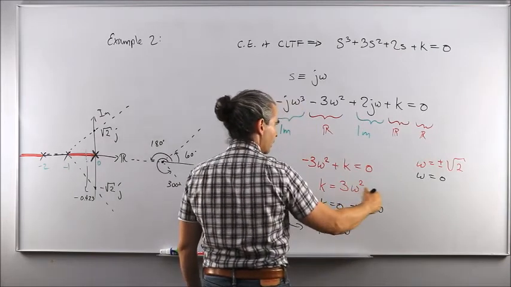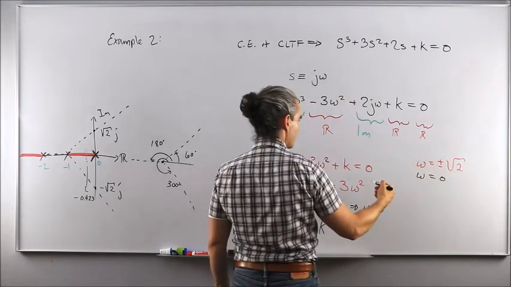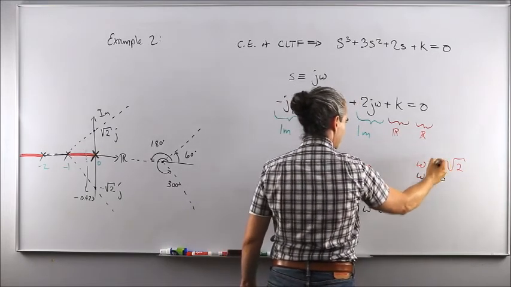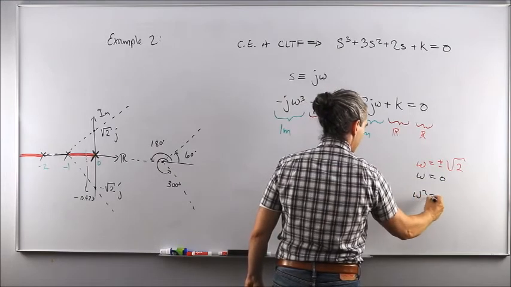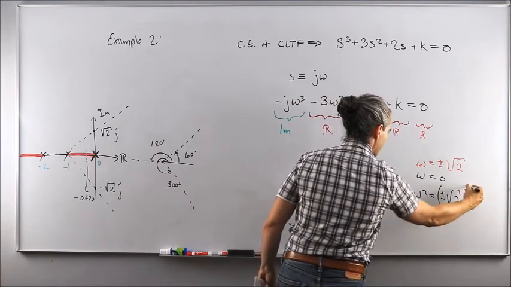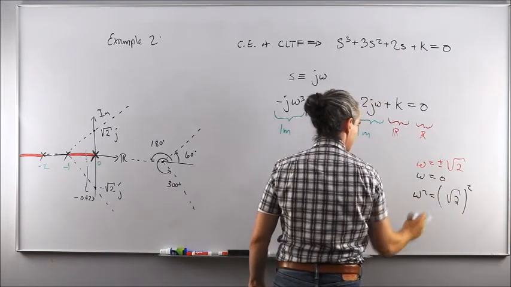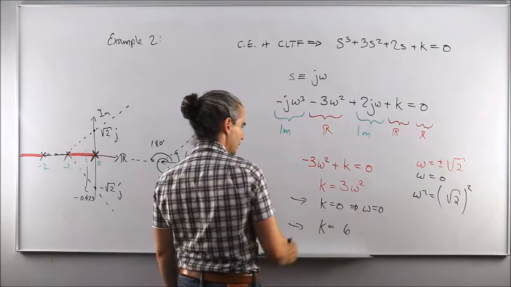Because the square of square root of 2 gives you 2, regardless if it is positive or negative, right? Because omega squared is plus or minus this, but this is squared. So the plus or minus signs here become irrelevant, and you're left with 2.